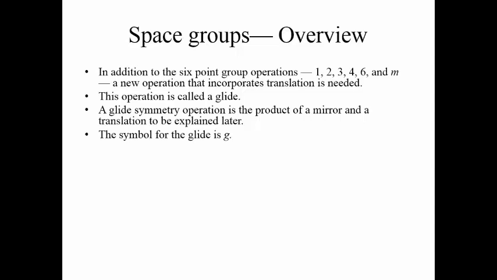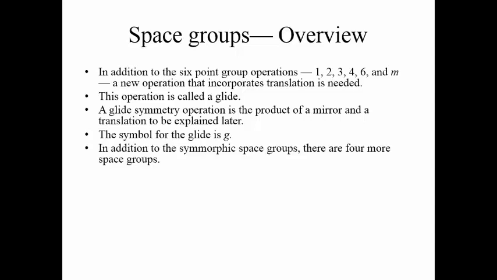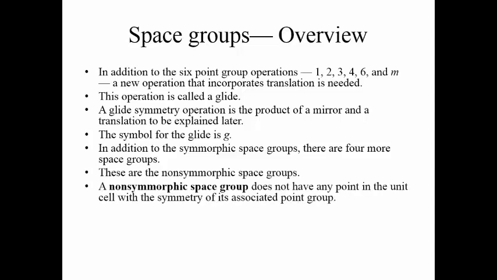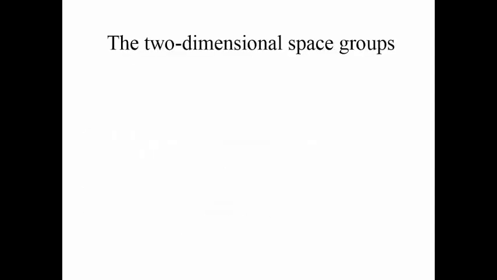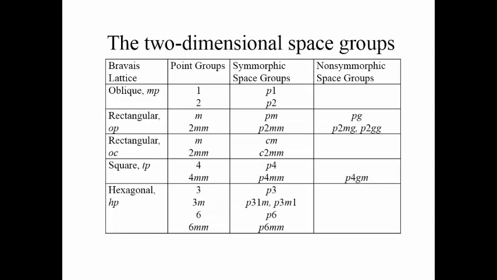It's not found in the point groups. This is special to the space groups, and the symbol is G. So the glide is going to give us another set of space groups, and they are called the non-symmorphic space groups, and they are the logical complement of the symmorphics. So, and as I said, this is just an overview.